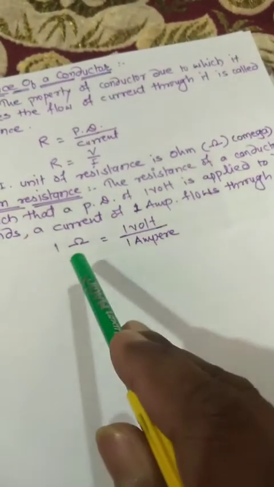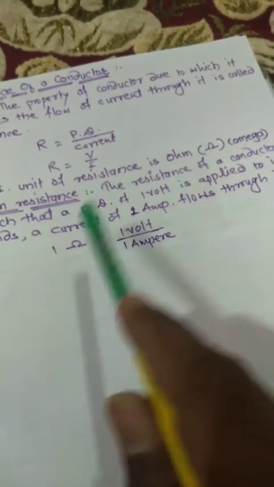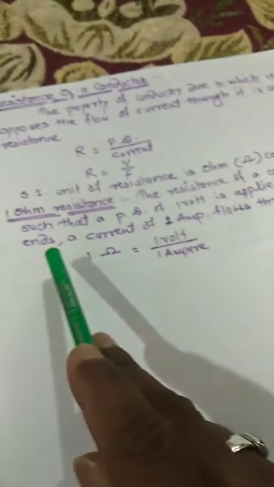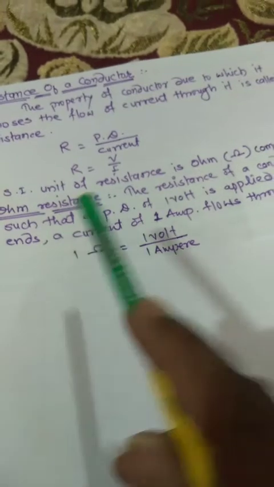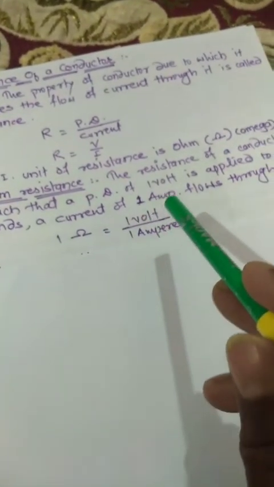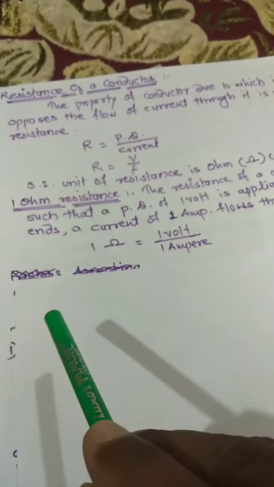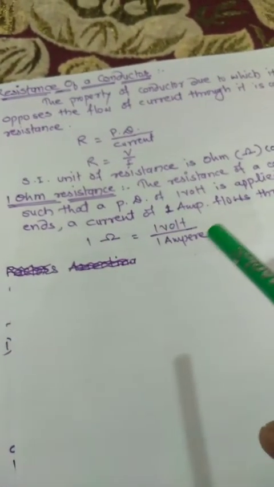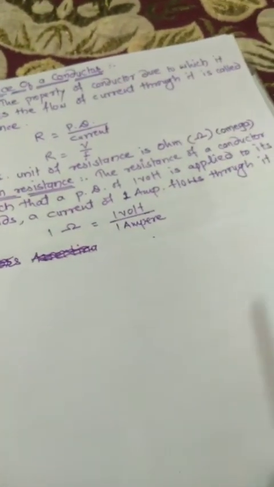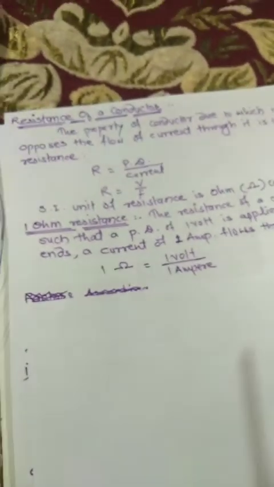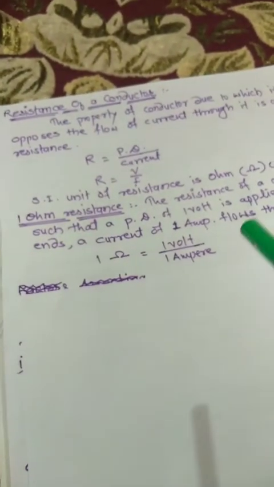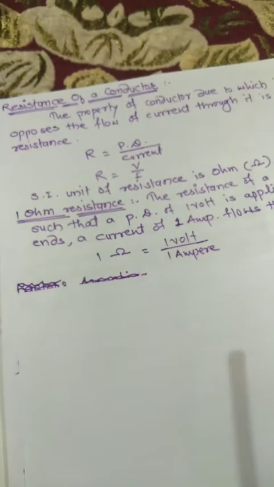I will repeat: the resistance of a conductor such that a potential difference of 1 volt applied to its ends makes a current of 1 ampere flow through it. Such resistance is called 1 ohm resistance.